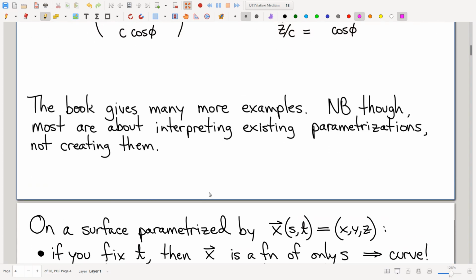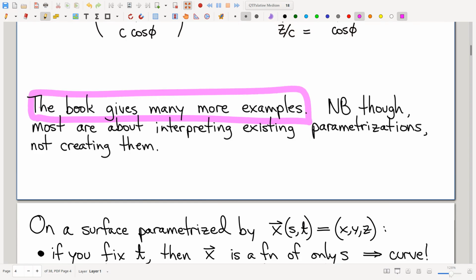Quick comment. There's a bunch of other examples in the book. In fact, now that I think about it, the book actually does the torus example. But all the book examples have a certain common feature, and that is they're all what I'm going to call kind of backwards. At least they're certainly backwards from the examples I've showed you. In the examples I've showed you, we find ourselves looking at some sort of a surface. Maybe we're given the equation of the surface.